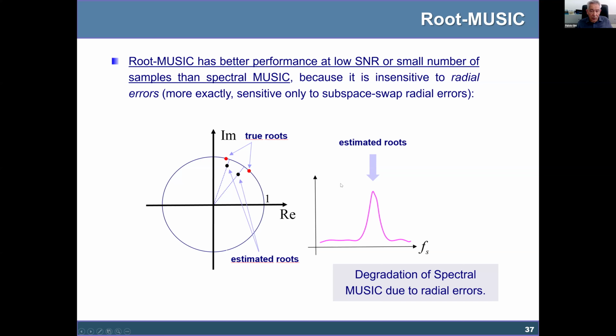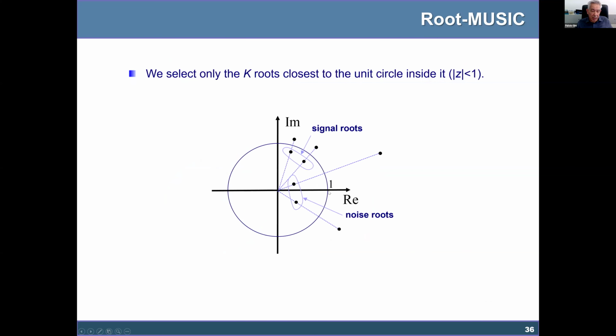Obviously, both of them can suffer from what are called subspace swap errors, because if the noise is so large that one of the noise roots, due to the error in the estimation, is closer to the unit circle than one of the signal roots, basically you have an error because an eigenvector of the noise subspace is considered to be an eigenvector of the signal subspace.